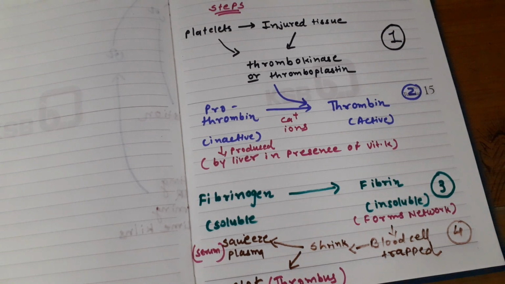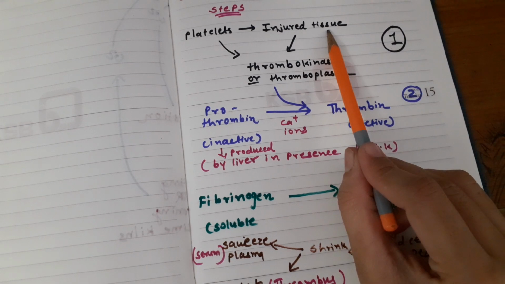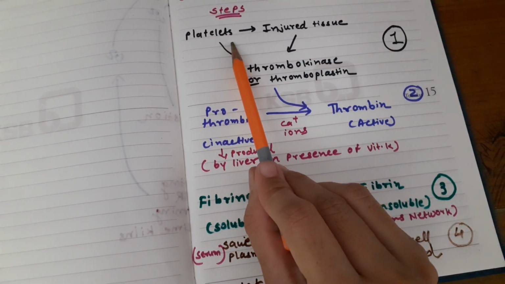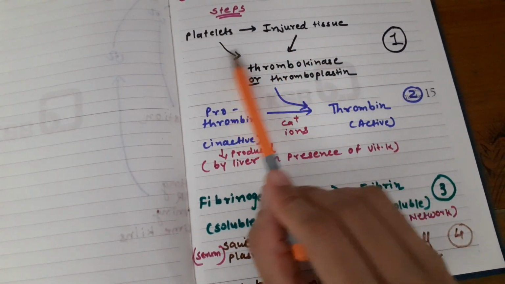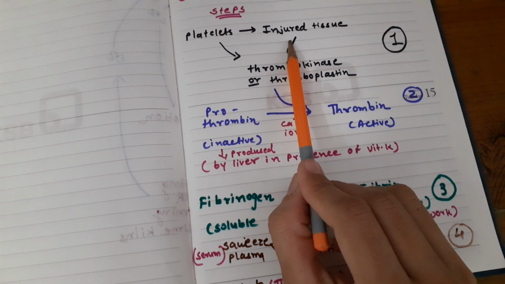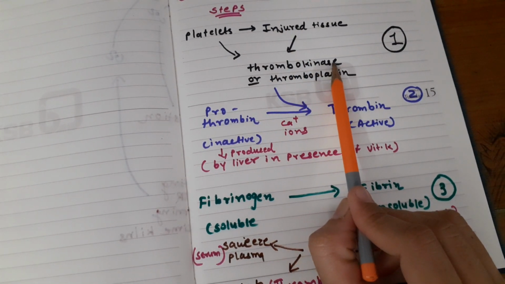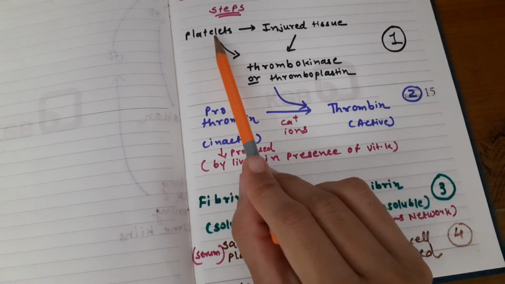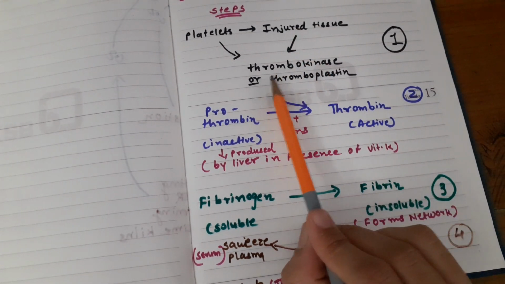The injured tissue cells, where we find some cut and wound, attract the platelets, and these platelets coming to the injured tissue, both together activate and release the substance called thrombokinase. These clumped platelets and the injured tissue combinedly release the protein called thrombokinase.